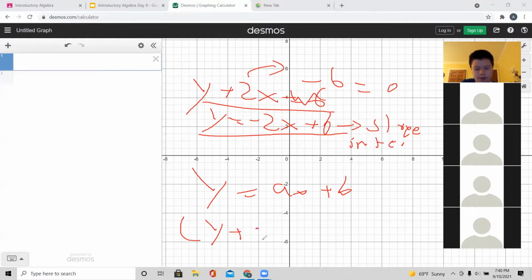Cy plus bx plus a equals 0 is standard form. The slope intercept form is convenient in that it's just laid out for you, the y-intercept and also the slope, which I will talk about later today. And the standard form has everything on one side. Now there's going to be another form which I will talk about later.